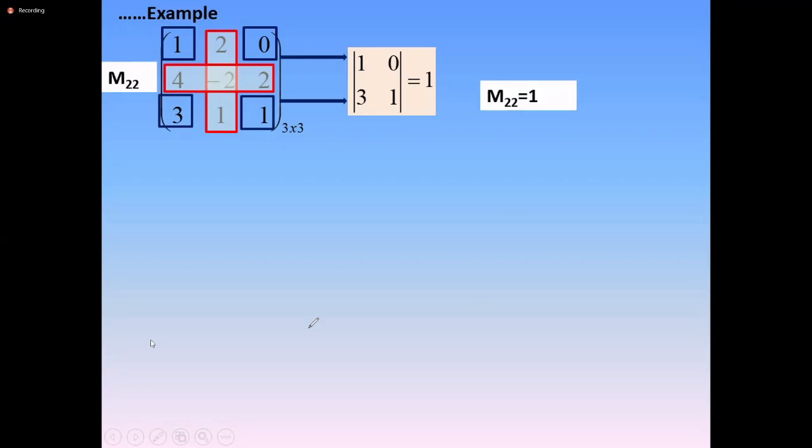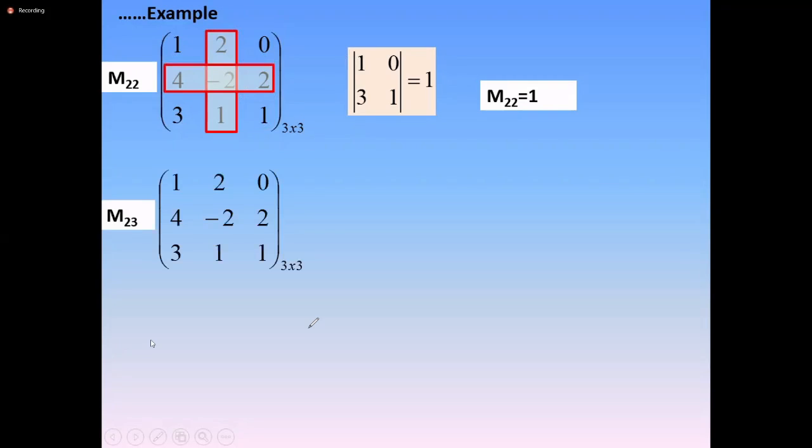Okay. Then let's go to the second row, third element. That is value number 2. M23. 23 means the second row, third column element. In other words, second row, third element. So this is the second row, this is the third column.